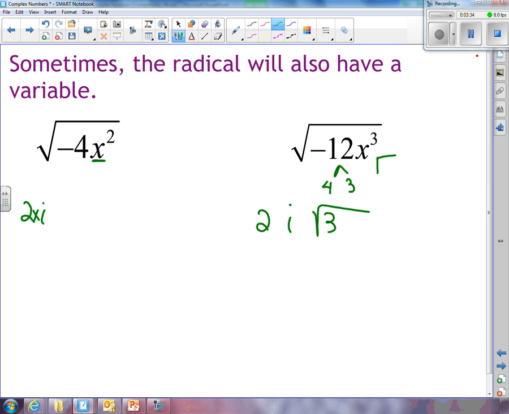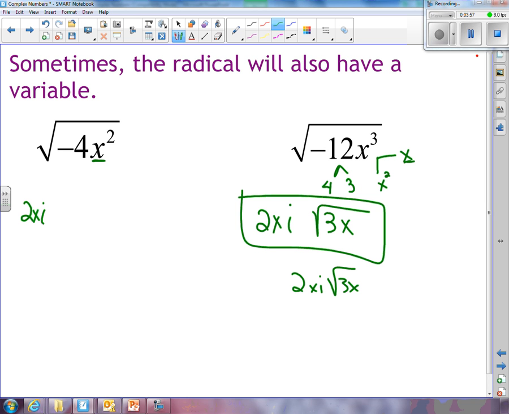You need a pair of x's to come out. So if you want, you can think about it as x squared and x. So x squared can come out of the radical. The square root of x squared is just x. And then this x is left in the radical because it's not a perfect square. So this breaks up into 2xi, then root of 3x. If you want to write this, it's not supposed to be that far apart. It was a little exaggerated.